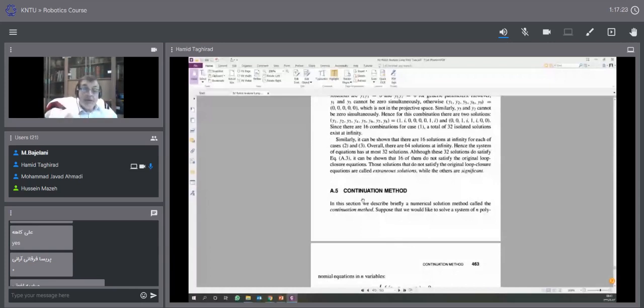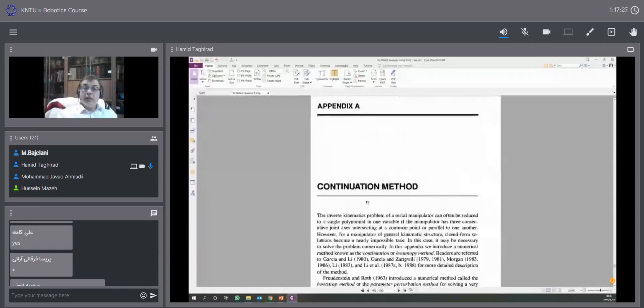If you would like to read more, you can go to these 3 appendices and the continuation method. Read the continuation method if you are working on the inverse kinematic problem.